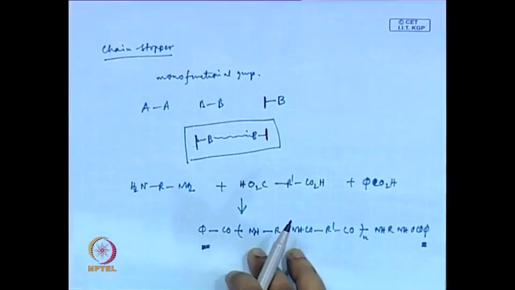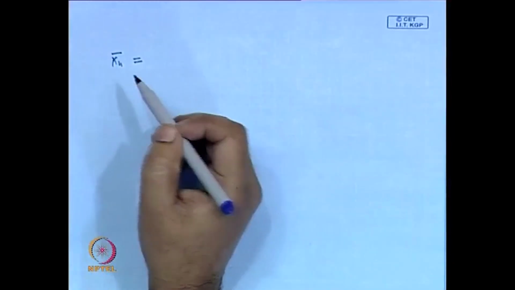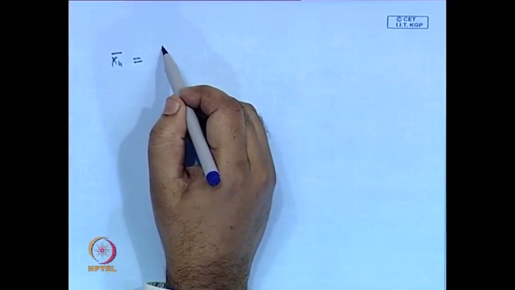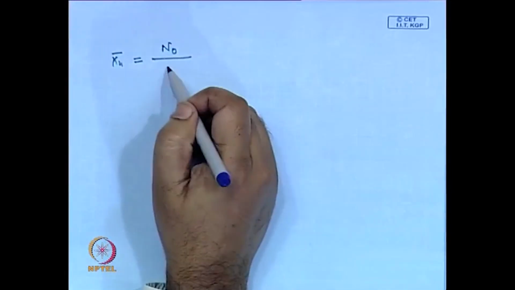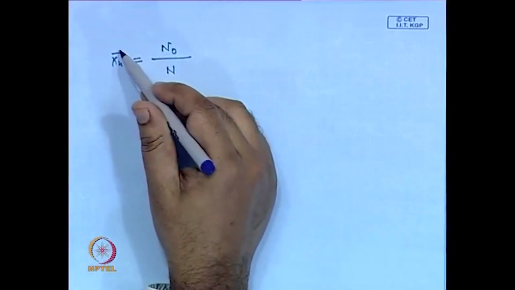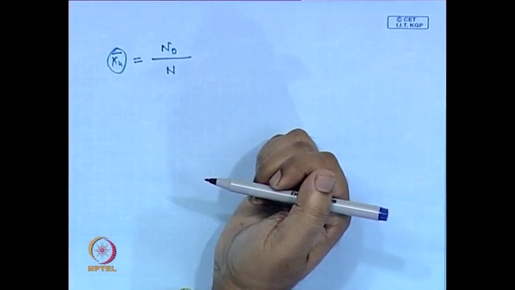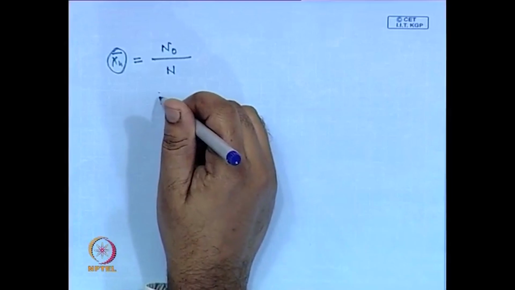But before we go to that quantification, remember how we got the Xn bar for any polymer mixture: it is the number of molecules at the beginning and the number of molecules at the end, which gives you the average degree of polymerization. We will continue the quantification in the next lecture.